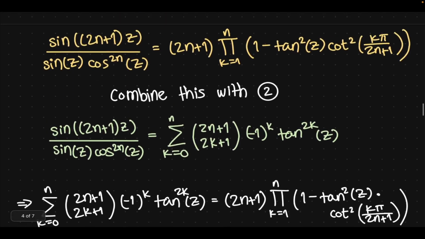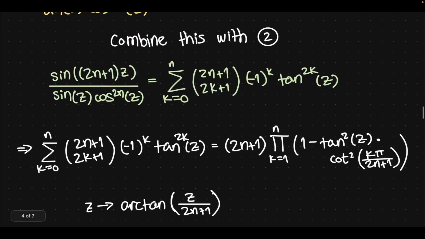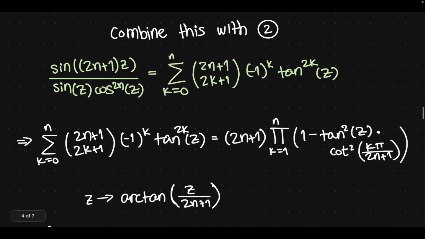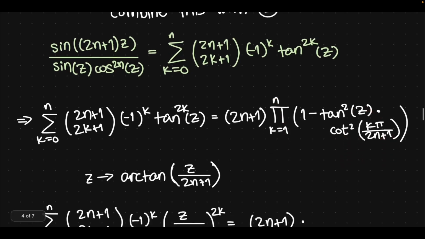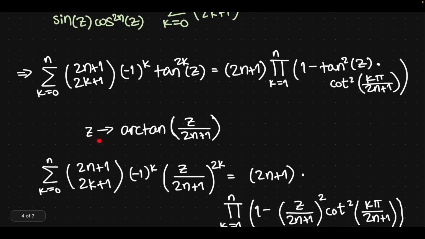So we can set the right hand sides equal to each other by transitivity of equality. So we end up having 2n plus 1 choose 2k plus 1 in the sum from 0 to n, minus 1 to the k tan to the 2k of z equals 2n plus 1 times the product from k equals 1 to n of 1 minus tan squared z times cotangent squared k pi over 2n plus 1. Just do a small substitution, change z to arctan of z over 2n plus 1.